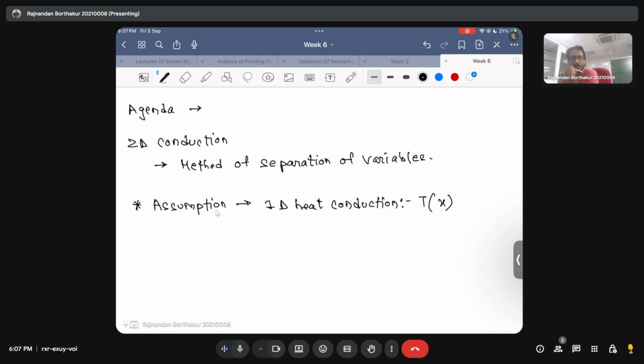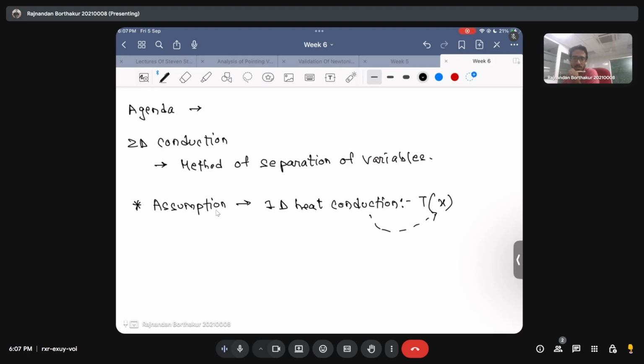Since we are interested in only one direction, the x direction, we assume that heat transfer takes place in that particular direction only, neglecting the transverse directions in which there could be possible variations of heat transfer.